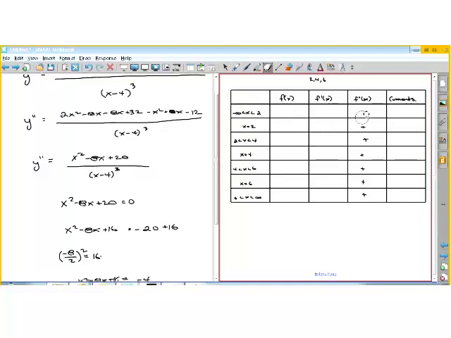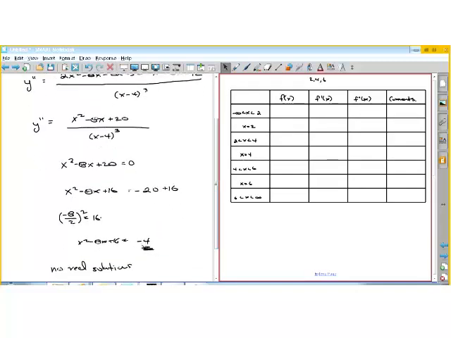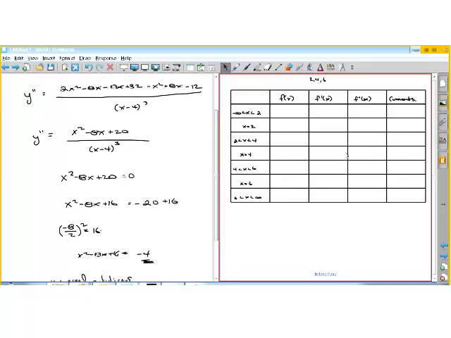Okay, so we're going to redo this here. One thing I didn't do is I need to look on either side of negative 4. So even though we don't have any real solutions, we still have this vertical asymptote. So the question is, less than negative 4, it's going to be one value, and greater than 4, it's going to be some other value.